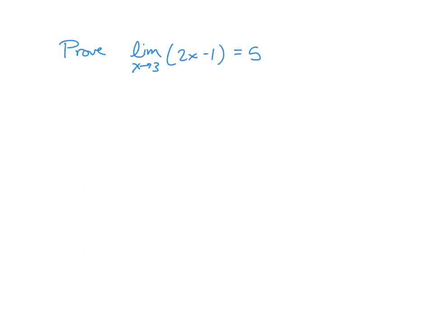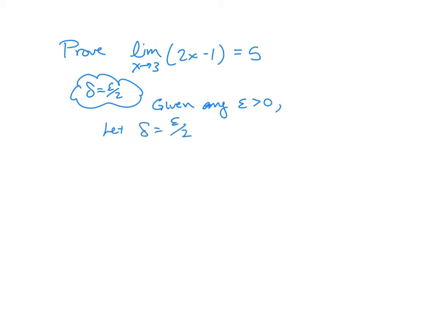So now that we've done that scratch work about figuring out, given an epsilon, what delta should be, I can now actually do the proof. That seems like the proof, but that's just all the scratch work that we need. So now I can remember that we said that delta is going to be epsilon over 2 from our scratch work. And so now I'll say, given any epsilon greater than 0, let delta equal epsilon over 2.